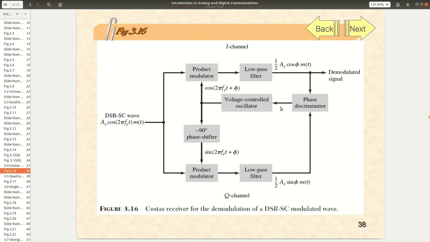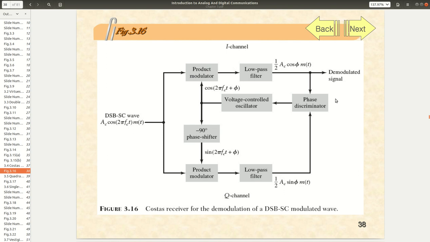Here we apply a phase discriminator to detect the phase, to know what phi is, and then go back to the oscillator to generate the cosine again without the phase. So in the end we have the removal of all this cosine theta, and we get only m of t.